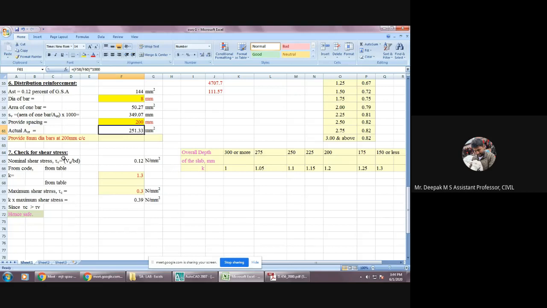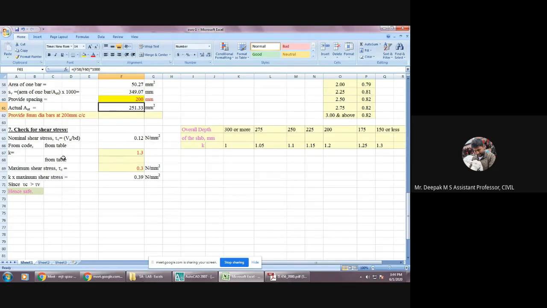Now we are going to check for shear stress. Usually for a slab element, the shear stress will be automatically satisfied. If not, also we can check the shear stress for this one-way slab. So tau v, that is nominal shear stress, is equal to Vu by bd.